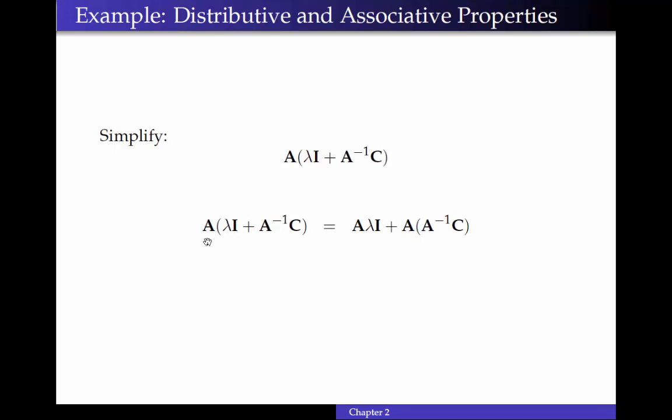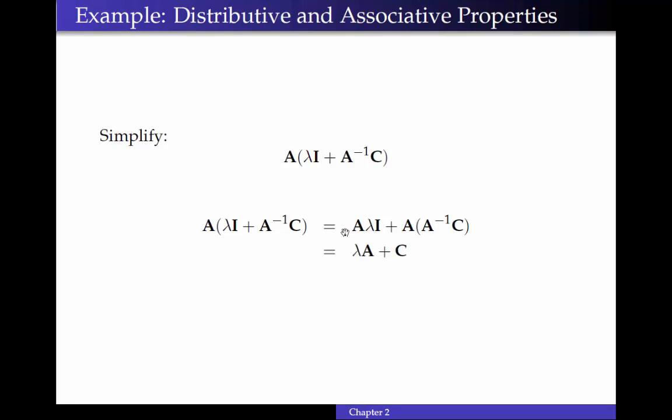So I distribute the A inside to both terms in the parentheses. And now what I want to realize is that scalar multiplication is commutative, right? Anytime I multiply by a scalar, I can do it on the left or the right side. So I want to move this scalar. Always we want to put scalars on the left side of matrices. It's just something that we prefer to do.